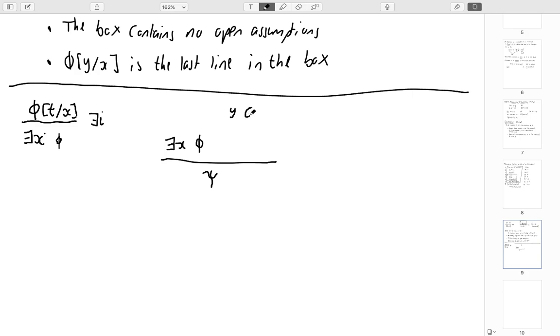This time we make an assumption that phi holds for the arbitrary value y instead of x, so y substituted for x.